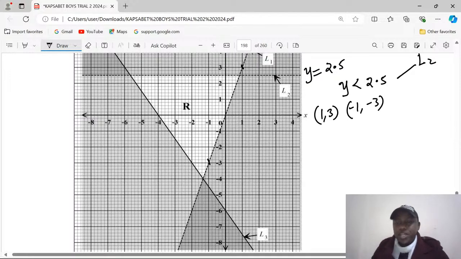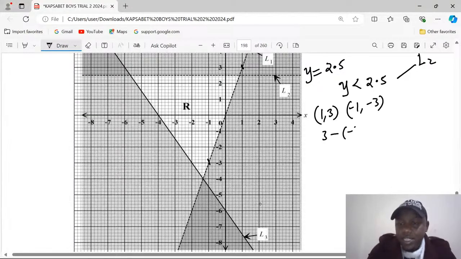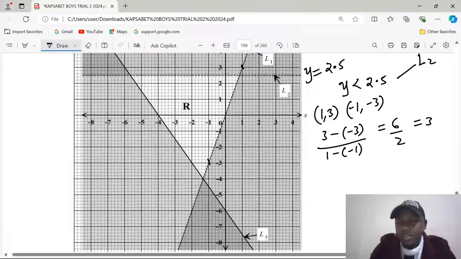Those are two coordinates along the line, and we can use them to calculate, first of all, the gradient, then the equation for that line. So 3 minus -3 divided by 1 minus -1. This is going to be 6/2, and this is going to be exactly 3.